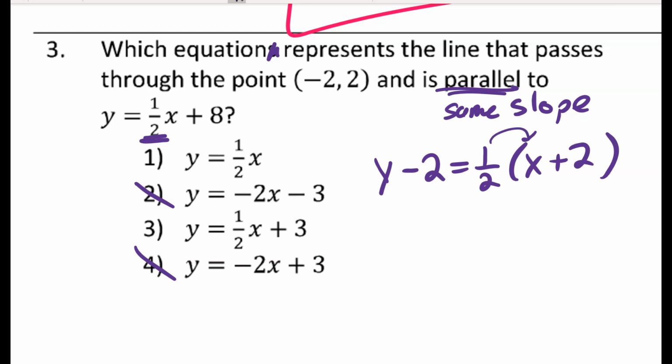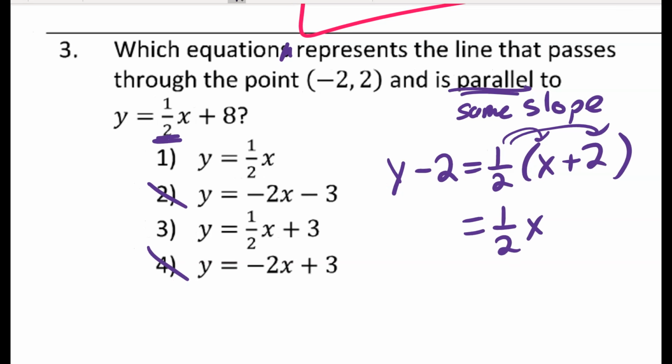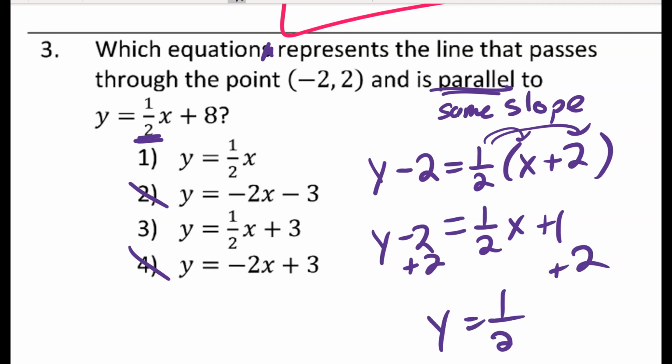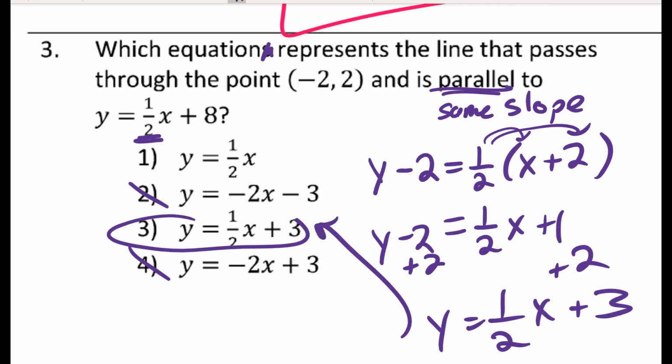So what I'm going to do is I'm going to rearrange this equation so it says y equals. So I'm going to distribute that 1/2 to get 1/2 x. 1/2 times 2 is just 1. And I'm going to add 2 to both sides so that I have isolated y to get 1/2 x plus 3, which I note is the exact same as answer choice 3.